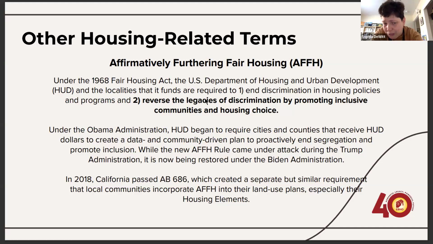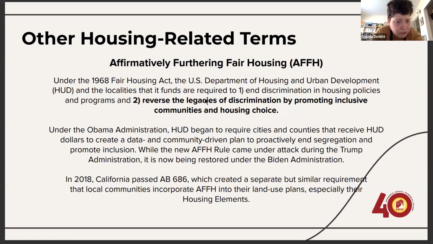The new AFFH rule came under attack during the Trump administration, and the Trump administration basically tried to make it disappear. But this rule is now being restored under the Biden administration.